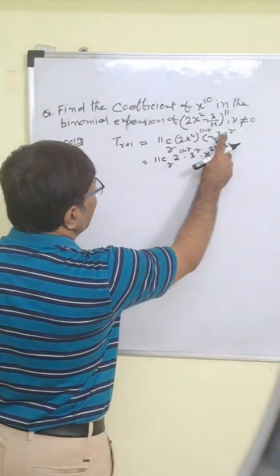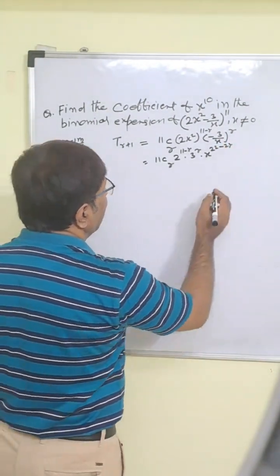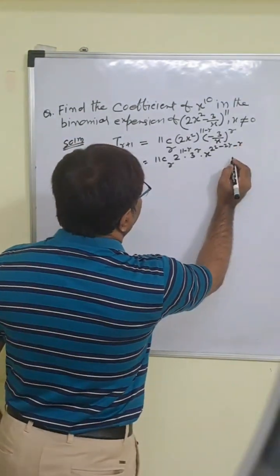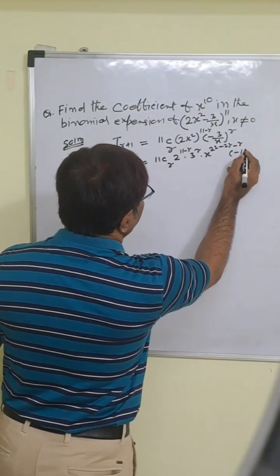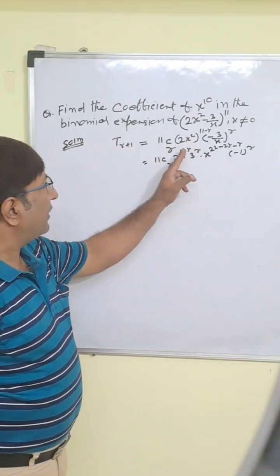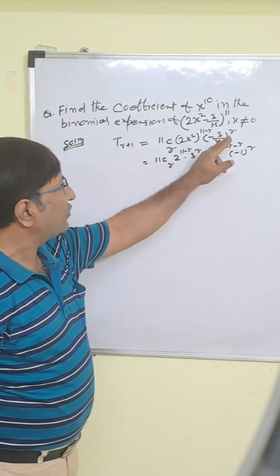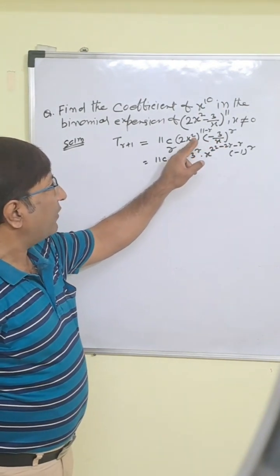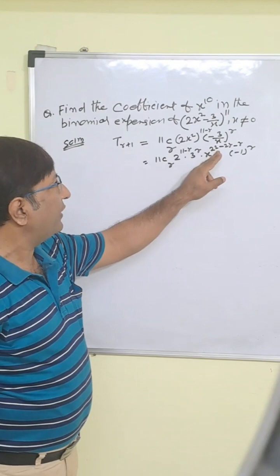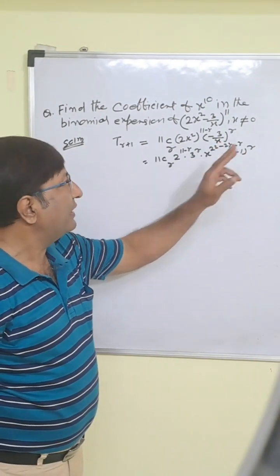And here x to the power r is in the denominator, so negative, and we can write minus r, into minus 1 to the power r. So 11Cr, 2 power 11 minus r, 3 power r, and x power 22 minus 2r, and here in the denominator, so negative.